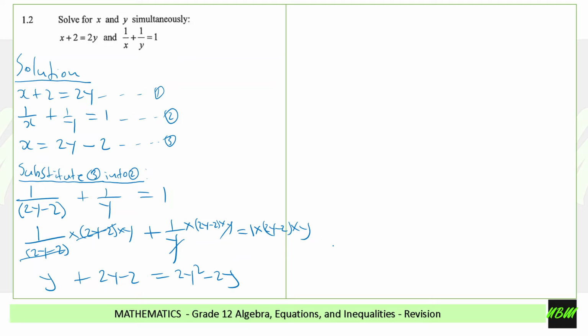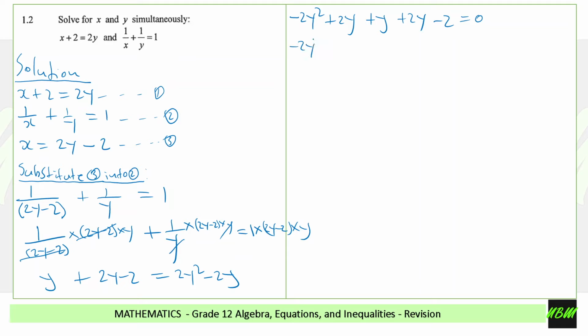So now we just have to write the equation in standard form, our quadratic equation. So let's first transpose minus 2y squared plus 2y. Then on the left hand side we still have y plus 2y minus 2, and all this will be equals to 0.